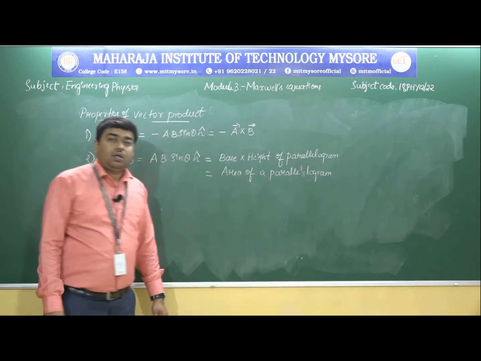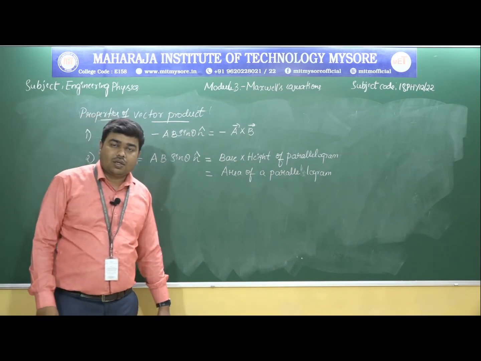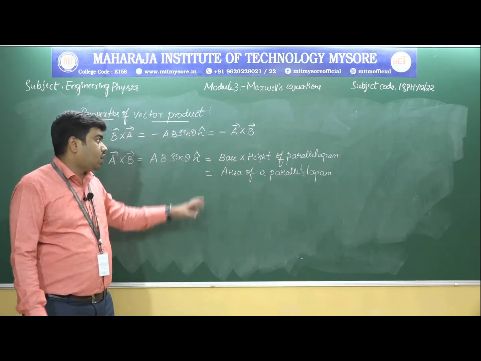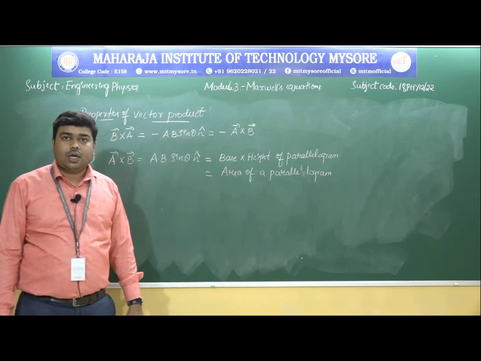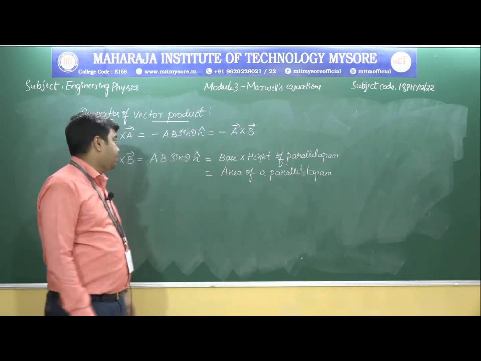So, if we consider the vector product of any two vectors, the resultant vector is the vector C, which becomes base into height of a parallelogram, which can also be called the area of the parallelogram.